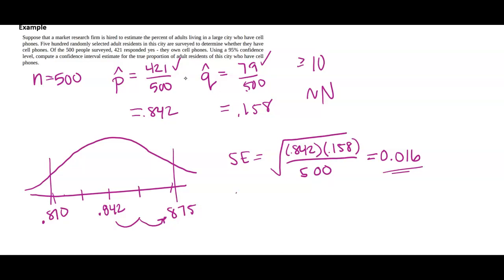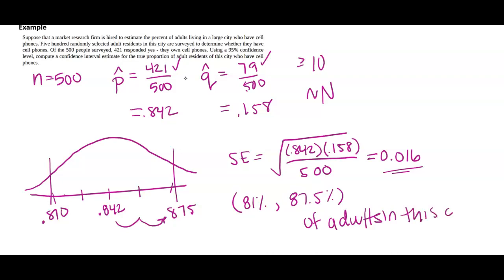And so a rough estimate is about 81% to about 87.5% of adults in this city have cell phones. And of course, that's with 95% confidence.